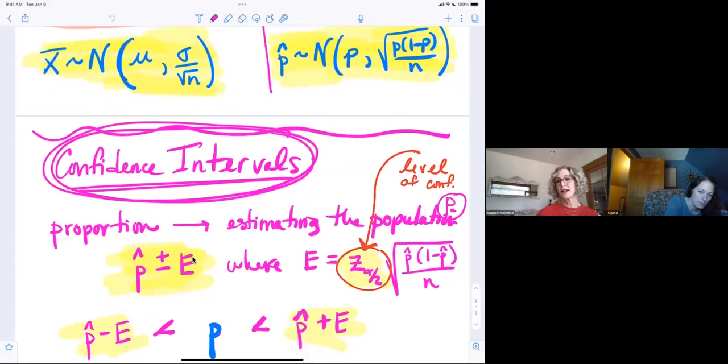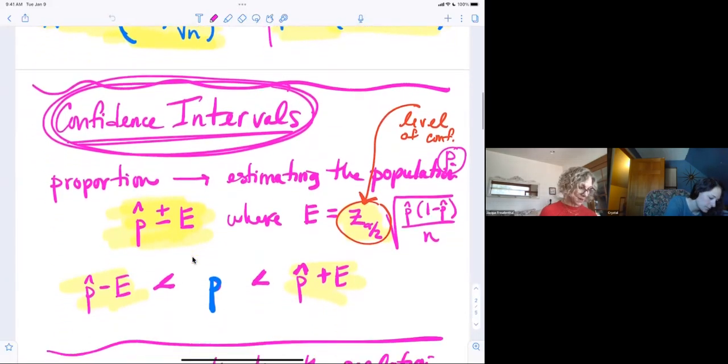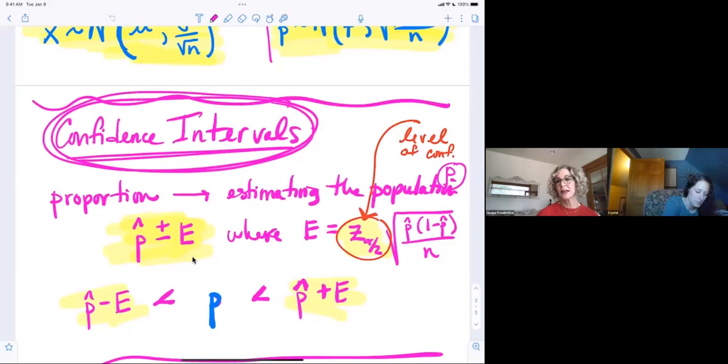We add and subtract that error and we get the lower bound and the upper bound, and we're estimating the population proportion P. So when we were doing compound inequalities, we would have the parameter in the middle, the population parameter P, and then we would have numbers on each side. So this is what you're creating with proportion.